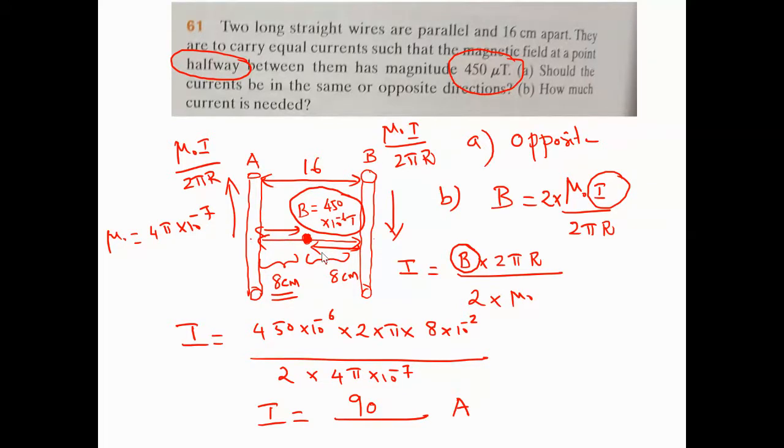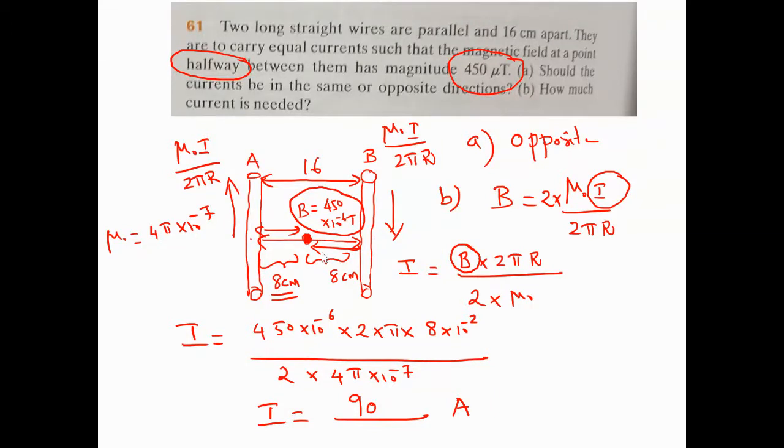If there is no halfway distance, where will you get the exact magnetic field? Generally, if you have two parallel wires, exactly at the center, that means exactly half of the distance between the two wires, you will get the magnetic field. So for sure, this halfway word will be given in your question. Clear? So two theory points we apply here.